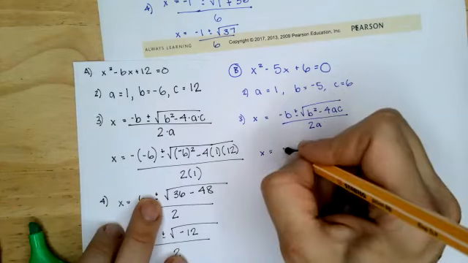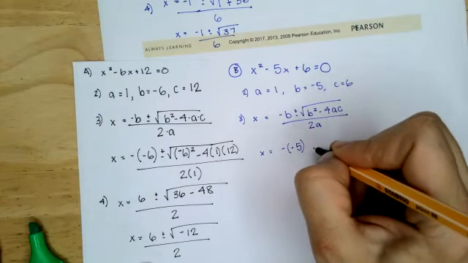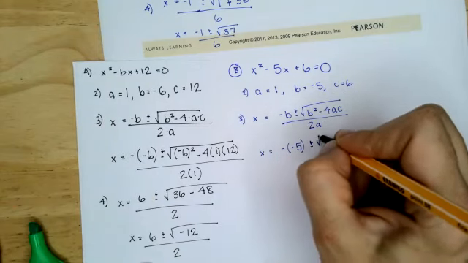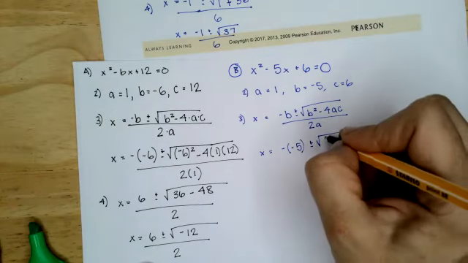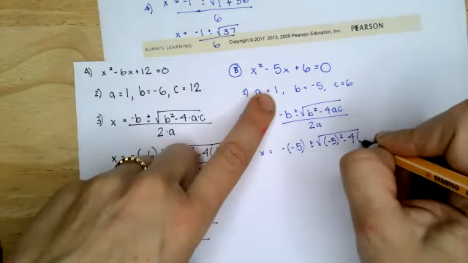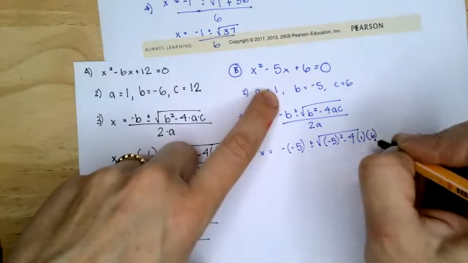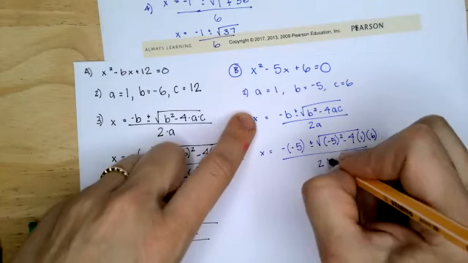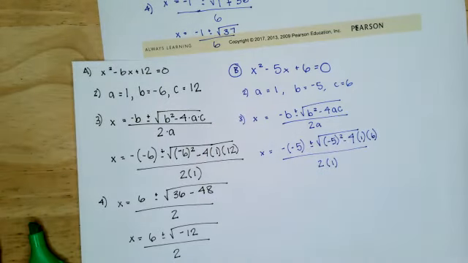Negative b is going to be a -5 plus or minus the square root of -5 squared minus 4 times 1 times 6 over 2 times 1.